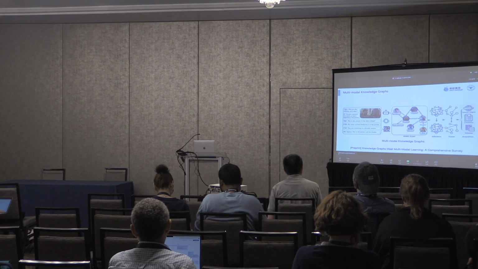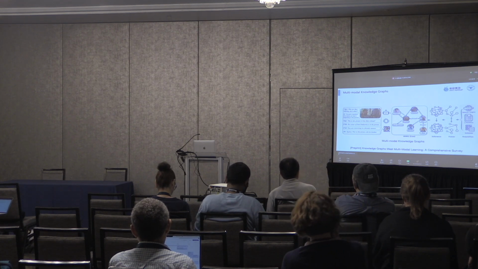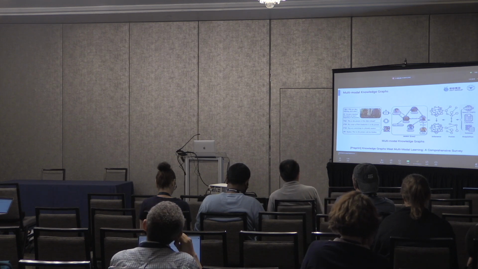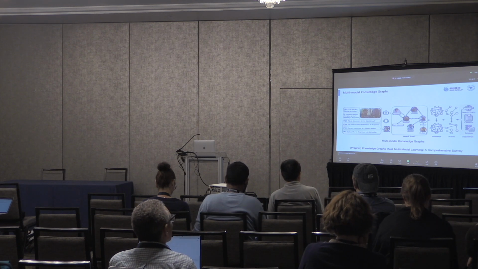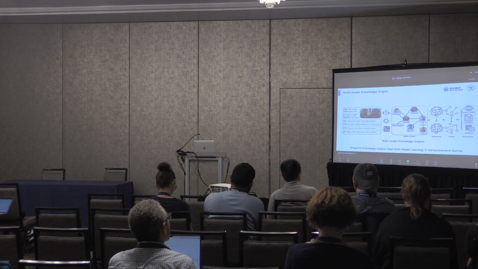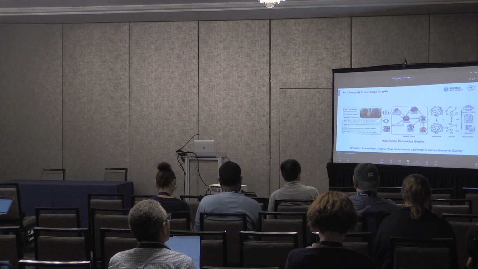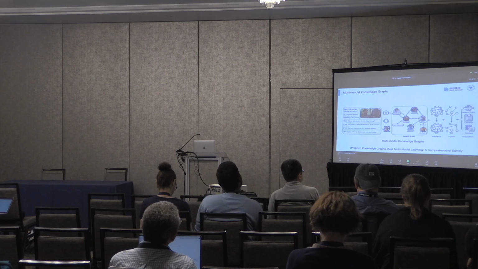Besides, multimodal knowledge graphs further extend the knowledge graphs with multimodal content such as images and texts to improve the representability of the knowledge graphs. They are large-scale semantic networks that are useful in many artificial intelligence tasks.